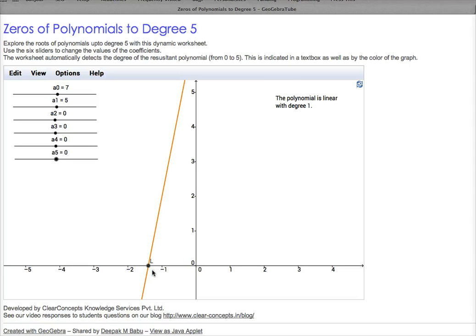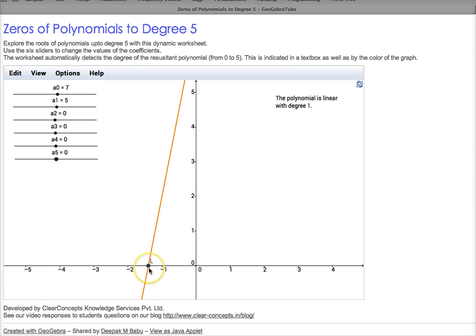Okay, why is this the 0 of the polynomial? Remember, this orange line is nothing but a graph of the polynomial. As x varies, how does the polynomial itself vary? The zeros are the value of x for which the polynomial takes a value of 0.